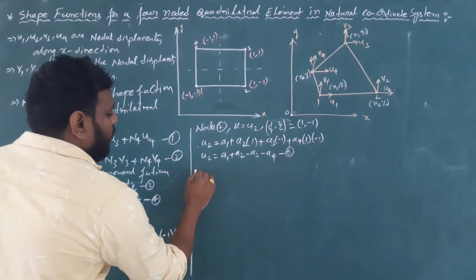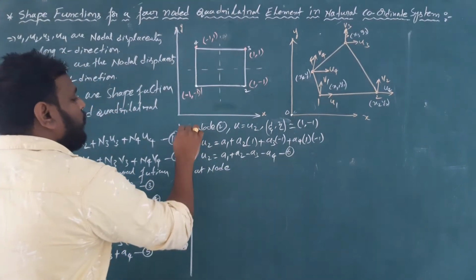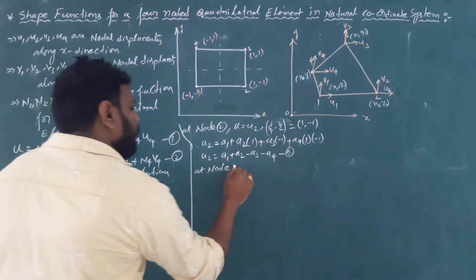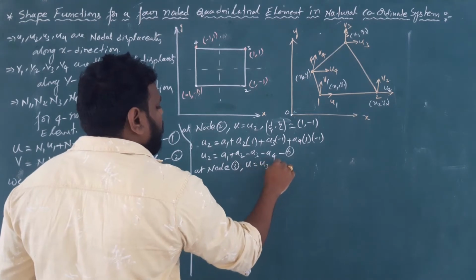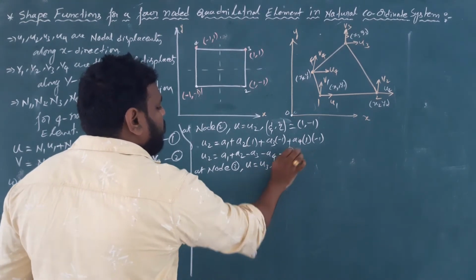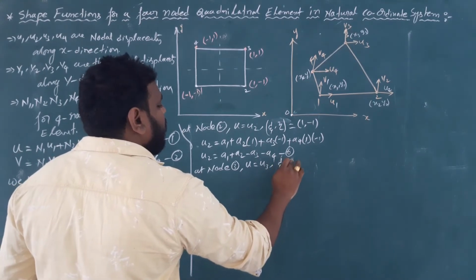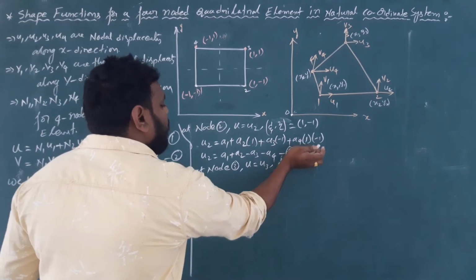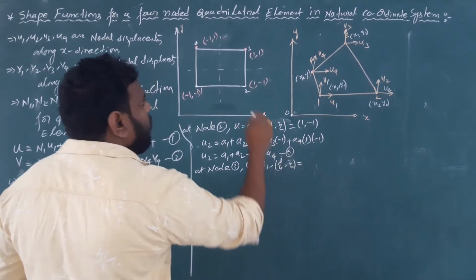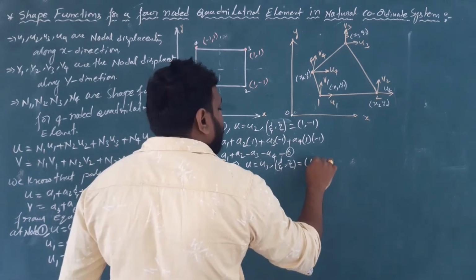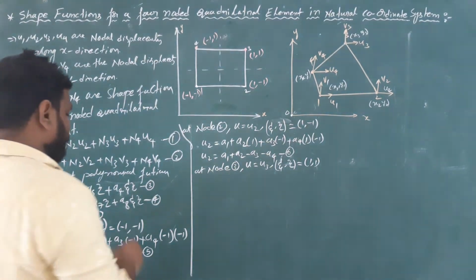Okay, now at node 3, u is equal to u3, and ξ comma η will be 1 comma 1. Now substitute all those values in equation number 3.